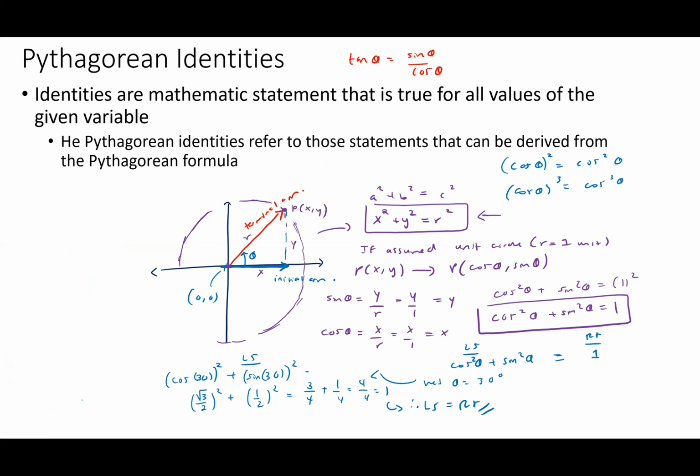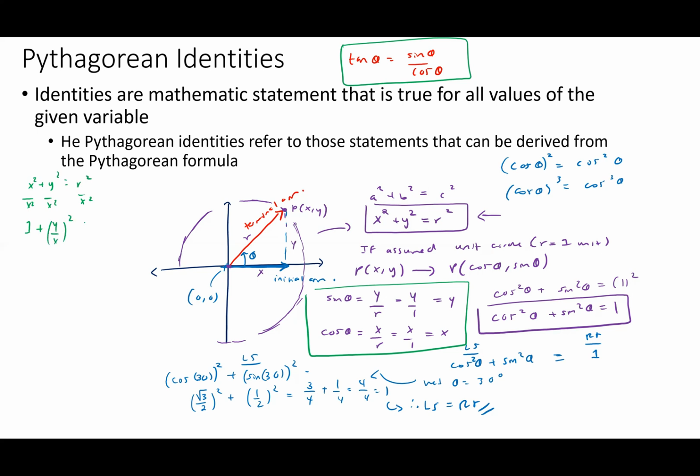Okay, so using this notion, x squared plus y squared is equal to r squared, we have cos squared theta plus sine squared theta is equal to 1. And using the quotient identity, let's say we have x squared plus y squared is equal to r squared, and I divide all my terms by x squared. Okay, so x squared divided by x squared is 1. Y squared divided by x squared is y over x squared. And r squared divided by x squared is r over x squared.